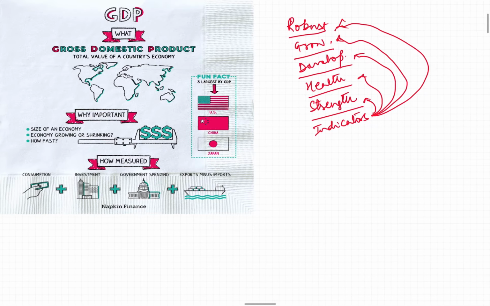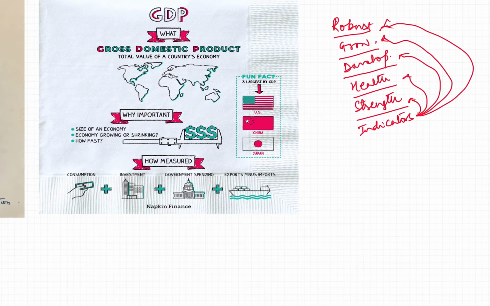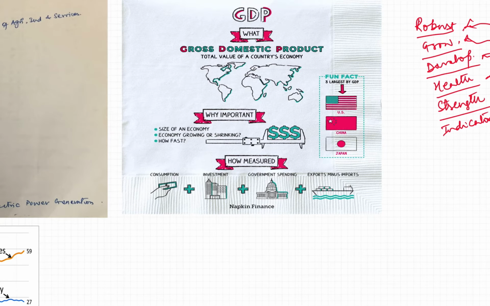So, before we move further towards the indicators of economy, let's talk in terms of the GDP, which we are going to discuss here. The most important concept in terms of the whole scenario, the whole fundamentals or the building of economy for that matter, rests on the pillars of GDP.